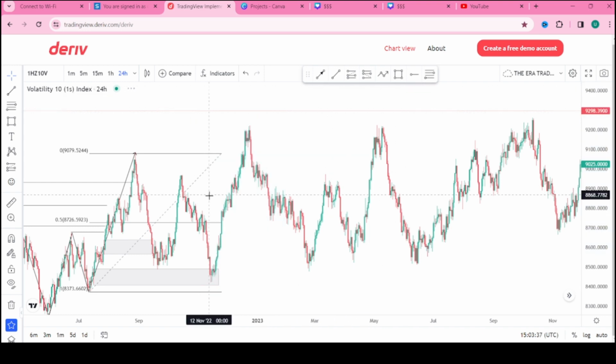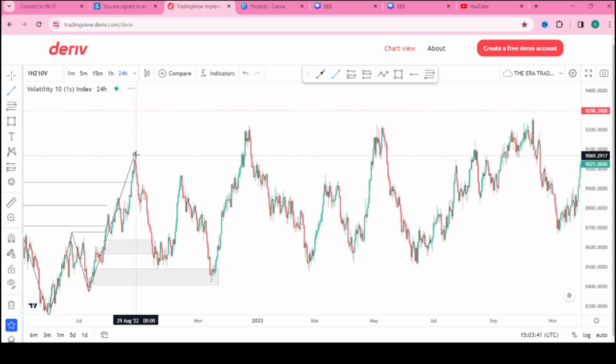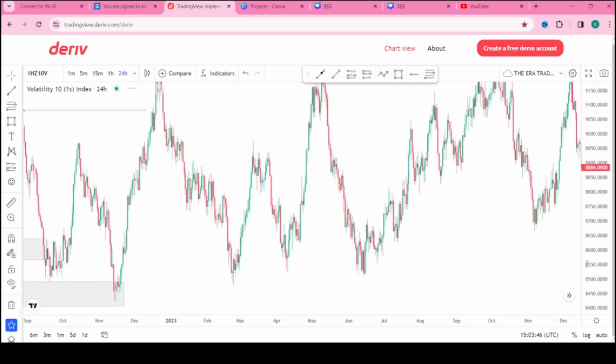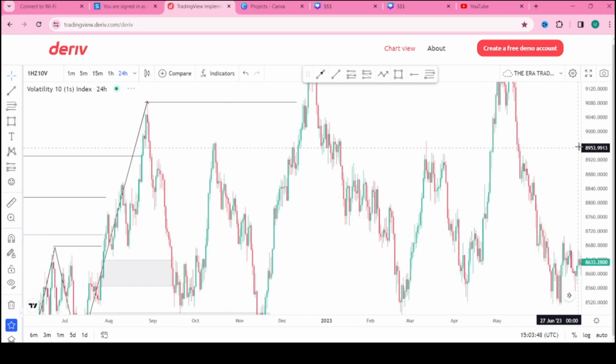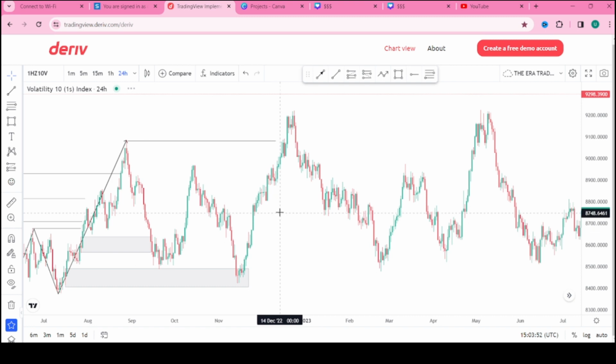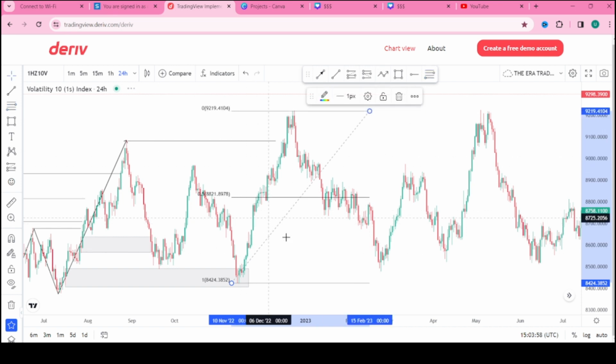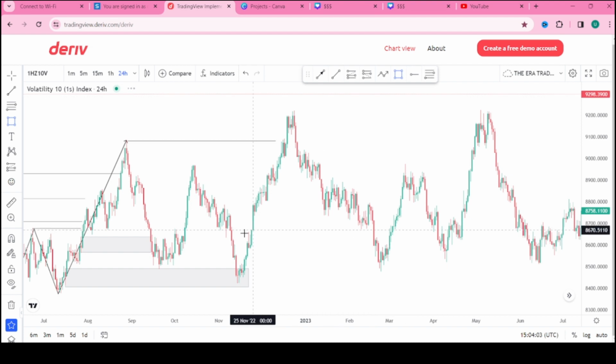You see that the market took out this high. You can see the momentum of buyers. The buying pressure is high, and if we take our Fibonacci retracement tool, you see that the 50% is below this region. So we'll be looking for last sell candles in this region.